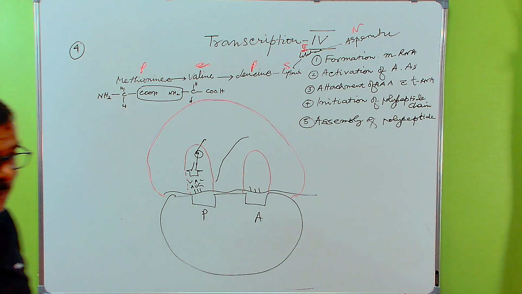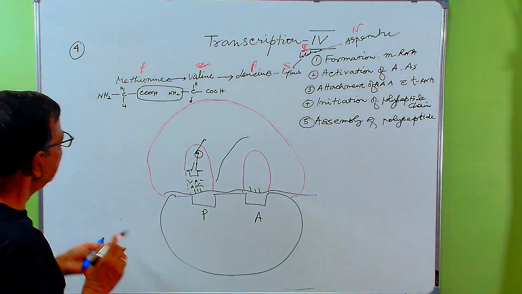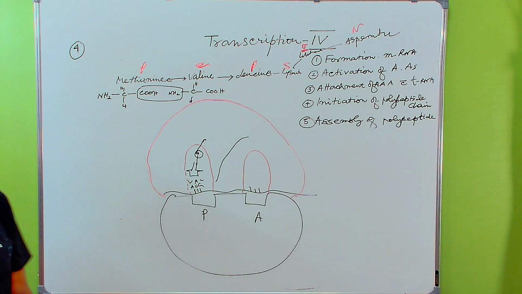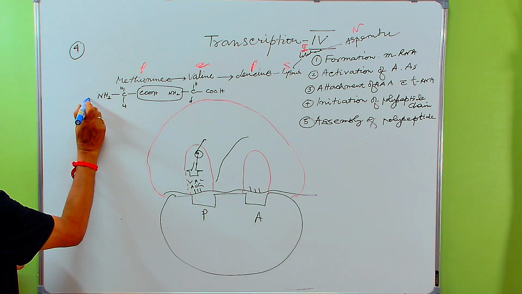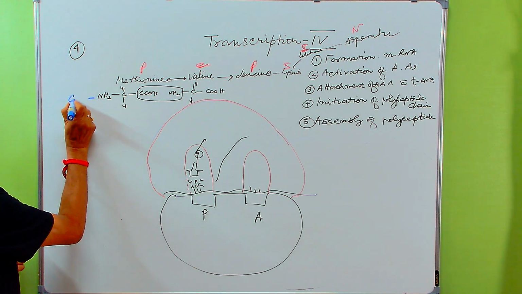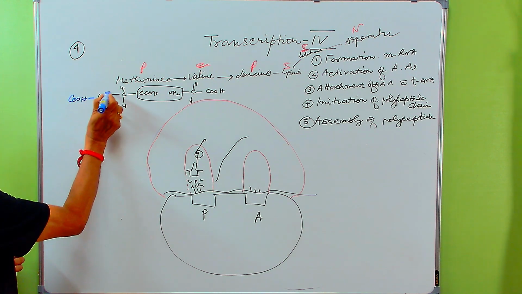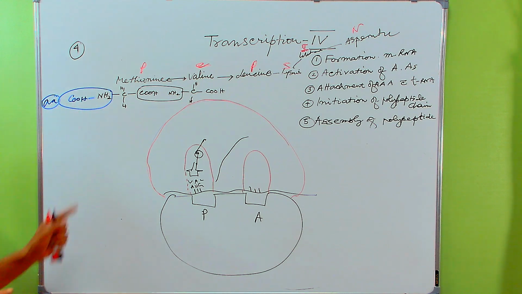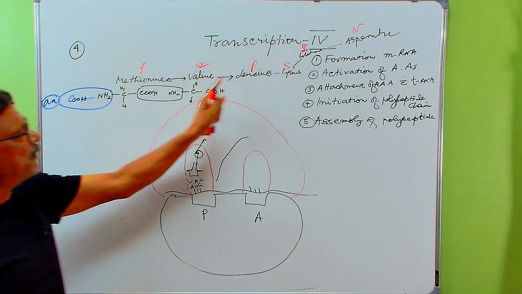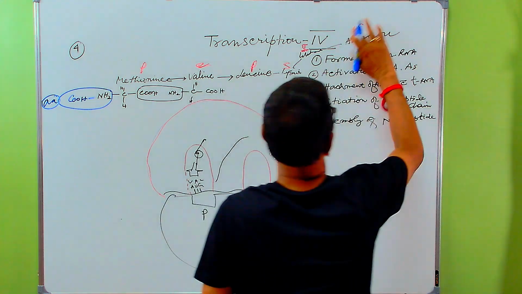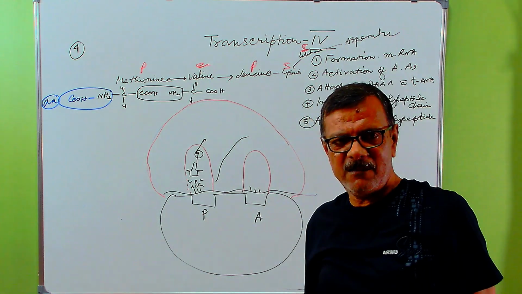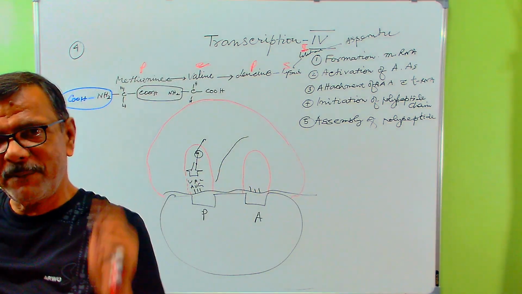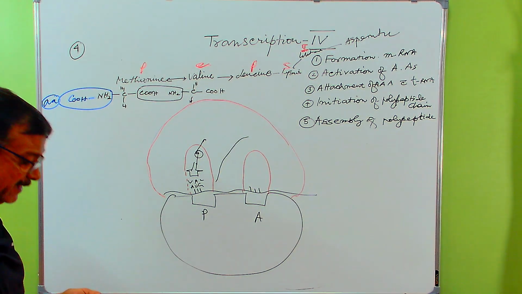Now if any other amino acid, available in the cytoplasm, gets mixed here, then instead of producing pepsin, it may produce something else. It may so happen.